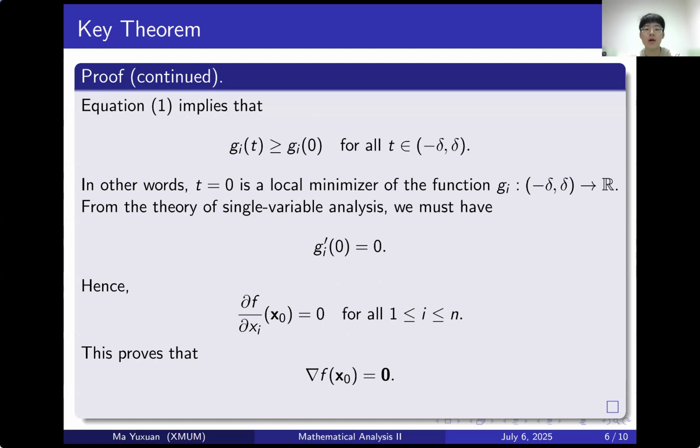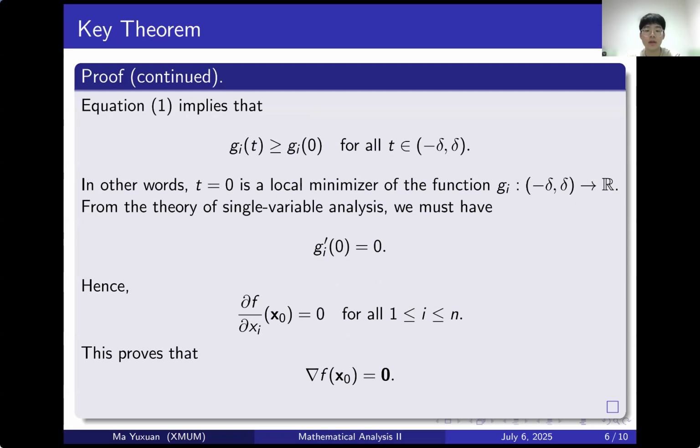You may recall, if a differentiable function has a local minimum at a point, then its derivative at that point must be 0. So since g_i has a local minimum at t equal to 0, we must have g_i prime of 0 equal to 0. That gives us a beautiful conclusion.